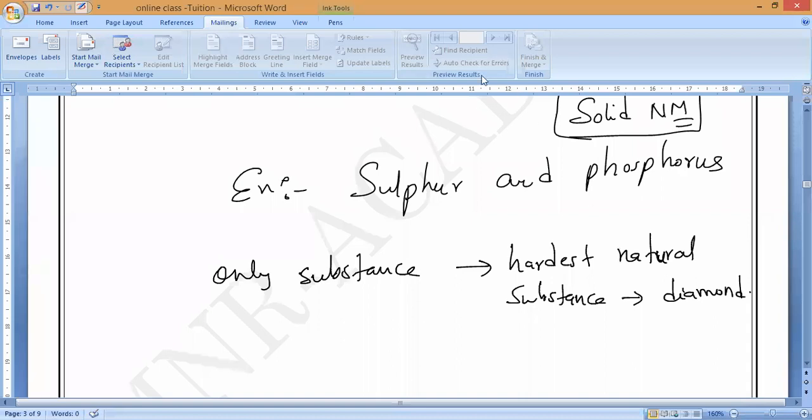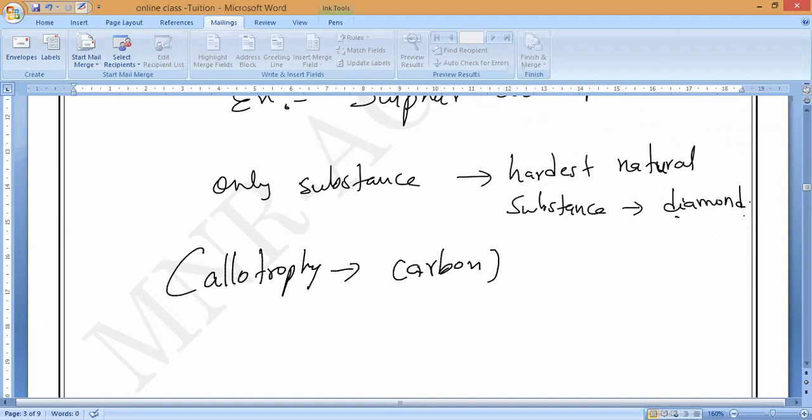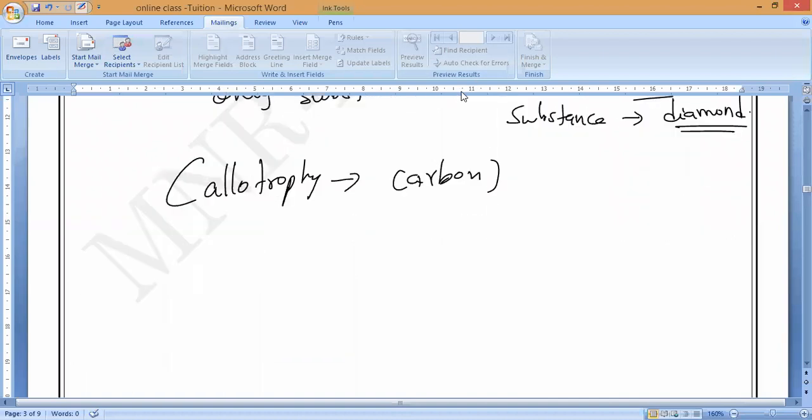It is the naturally hardest substance known to us, and it is also one form of carbon.